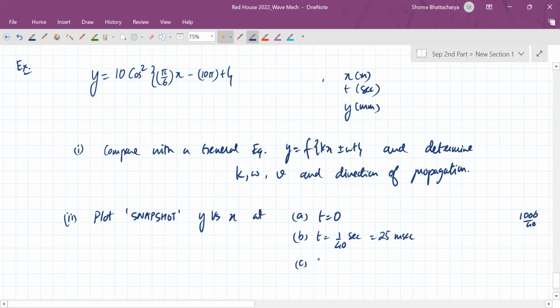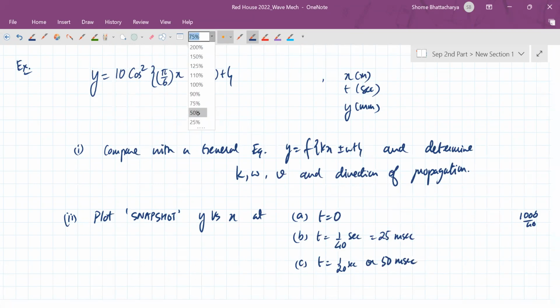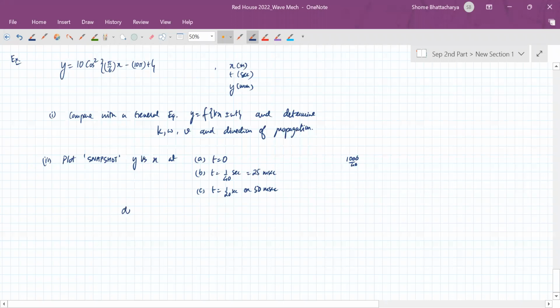And then again at t equal to 1/20th of a second, or 50 milliseconds. Determine the wavelength lambda, that is crest to crest or trough to trough, of the wave shape.